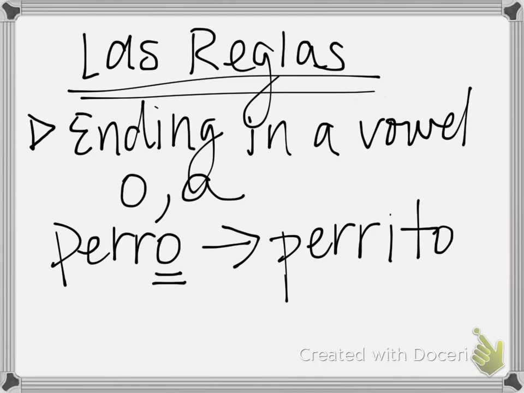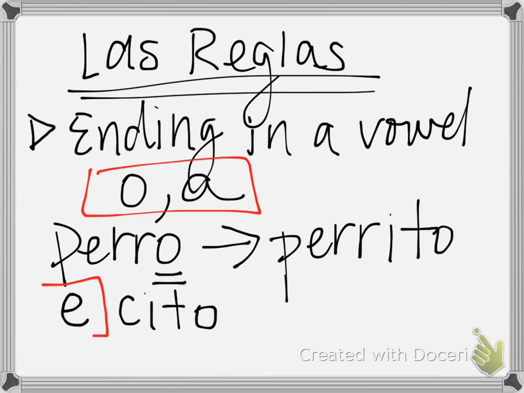The next ending is cito. Cito is just another form of ito, and we add cito if a word ends in an E. So we have endings for words ending in an O or an A, or we have words that end in an E, and all we do is add cito.